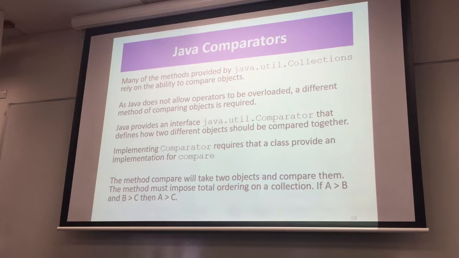And in order to provide comparison, we have to implement some compare method which is provided in the comparator interface to allow for comparison. And this comparison has to be total. It means if A is greater than B and B is greater than C, you should have A greater than C.